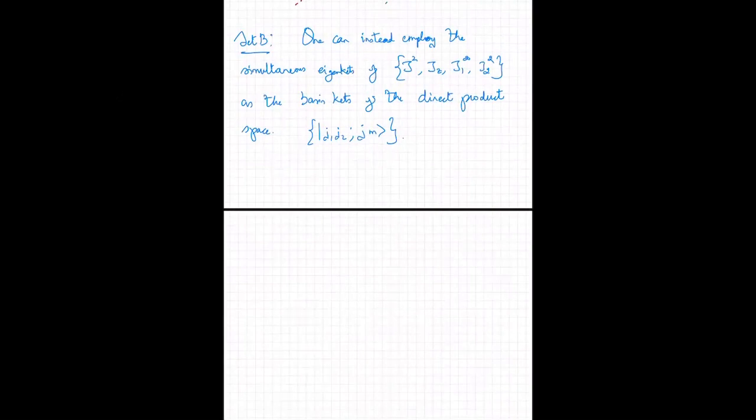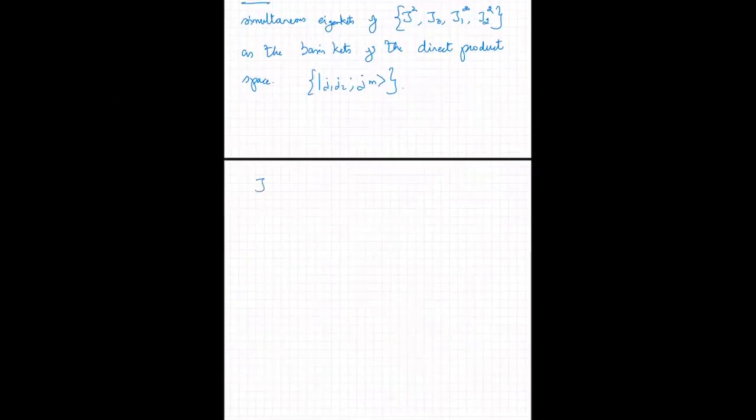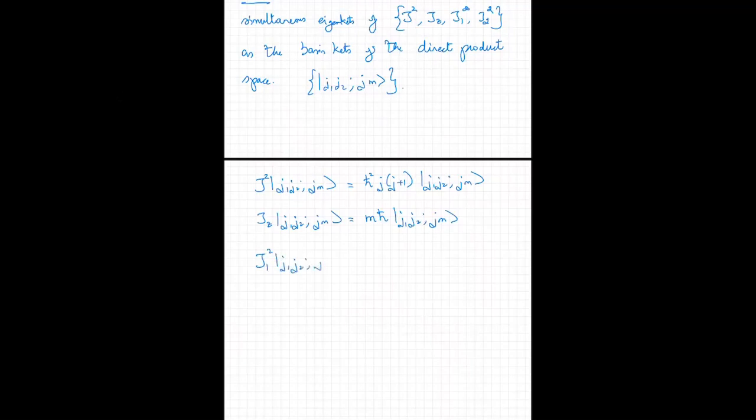But on this space, I'm claiming that I'm using a different set of basis vectors, and these basis vectors are such that J square acting on j1, j2, j, m gives me h bar square times j into j plus 1 times j1, j2, j, m. Jz acting on j1, j2, j, m measures the z value of the J operator, and J1 square gives me h bar square j1 into j1 plus 1, and J2 square gives me h bar square j2 into j2 plus 1.